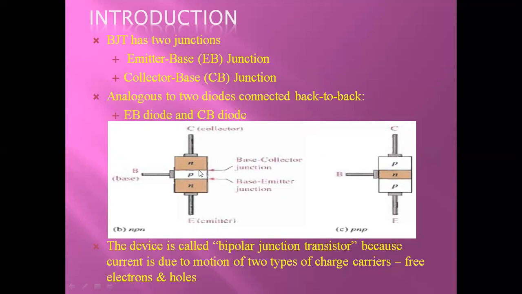That is, sandwiching two different semiconductors leads to a transistor. So P is a common terminal here in the NPN mode of a transistor. The base is lightly doped, the emitter is highly doped, and the collector is moderately doped.